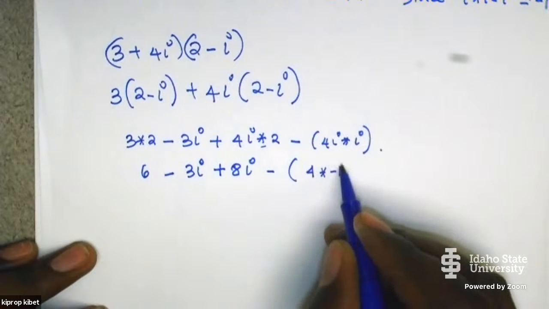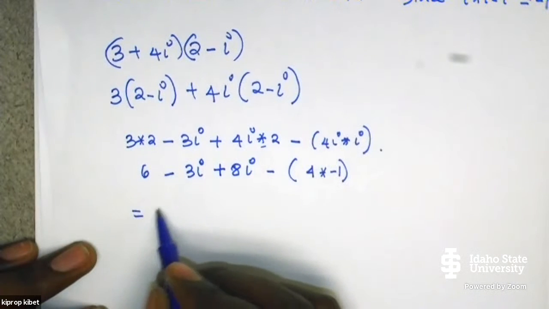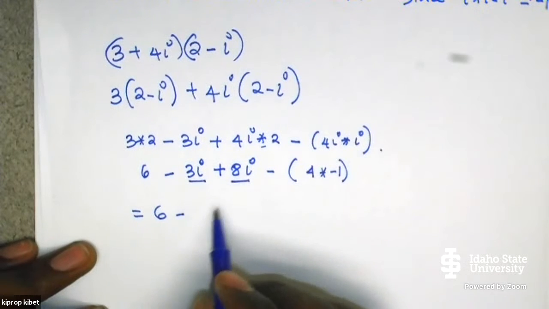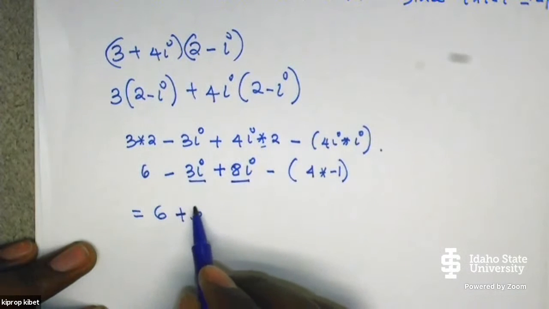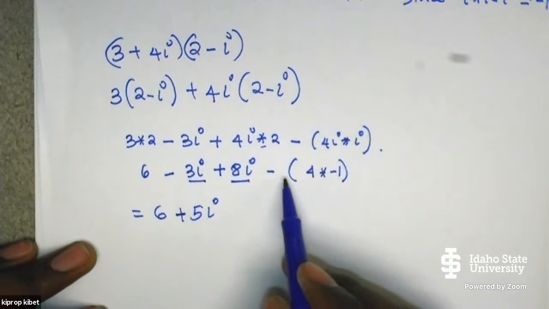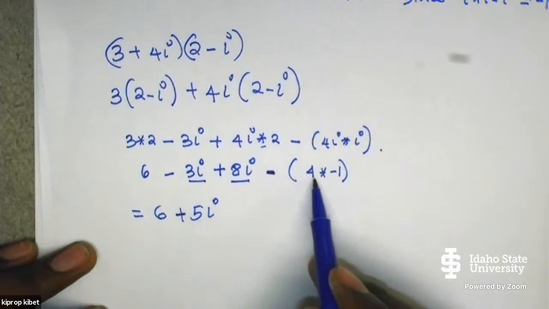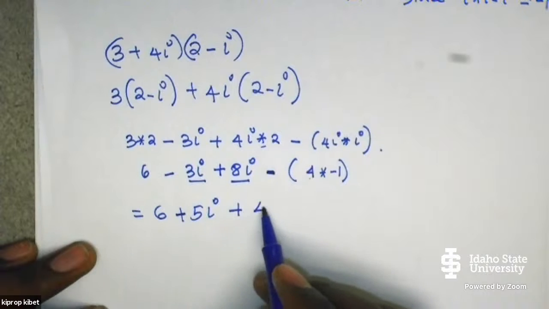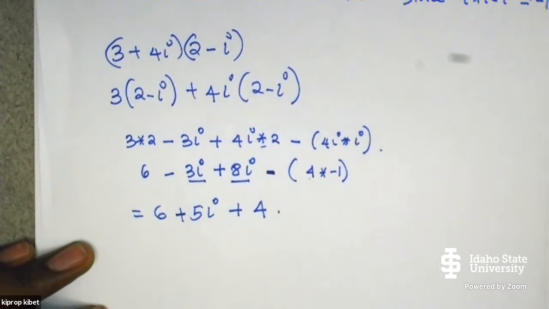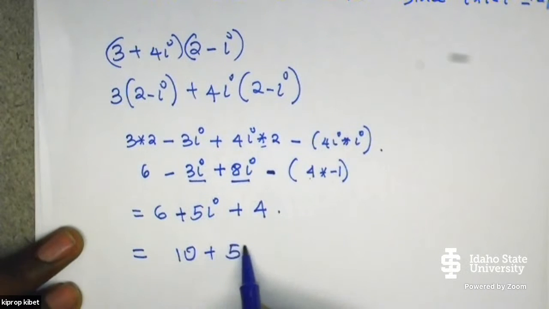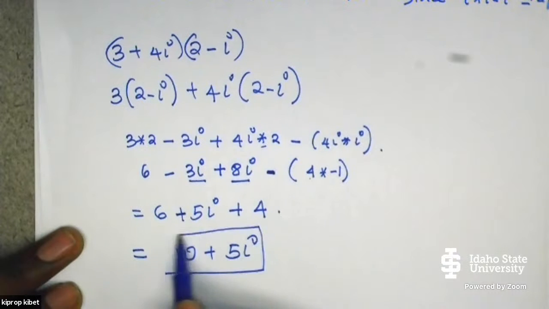Multiplied by -1. Finally, this equals 6 minus 3i plus 8i, which is 5i, minus this gives us plus 4. And finally, this equals 10 plus 5i.